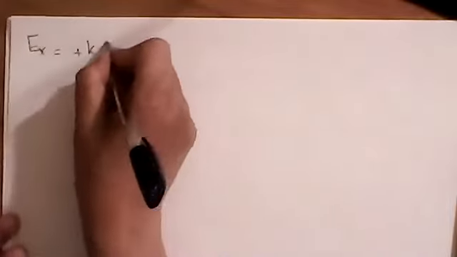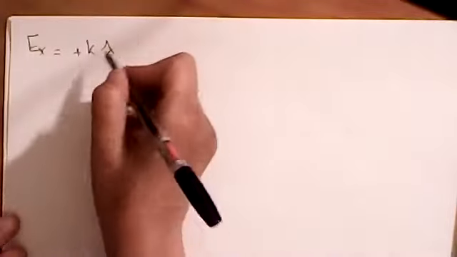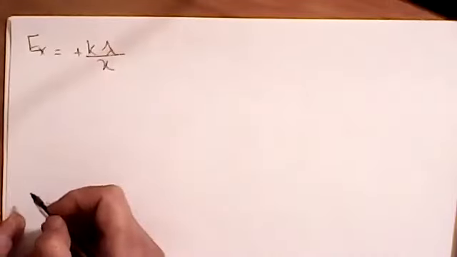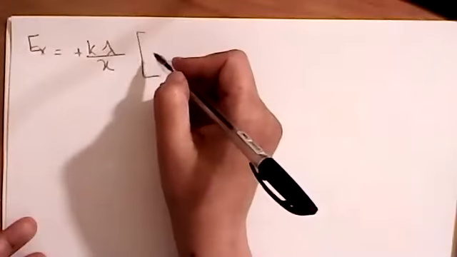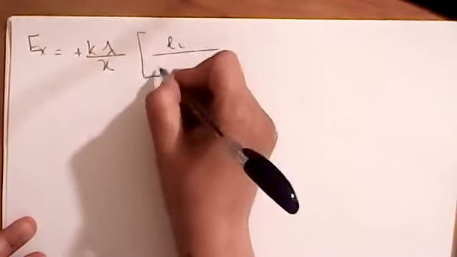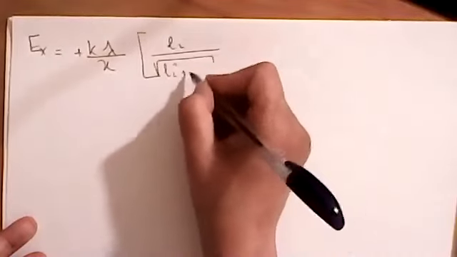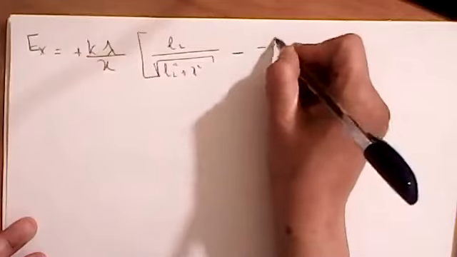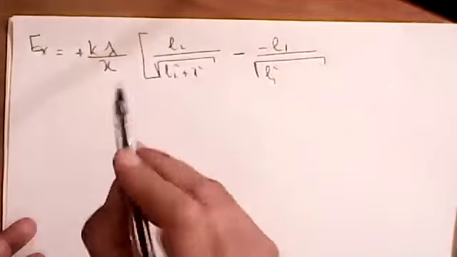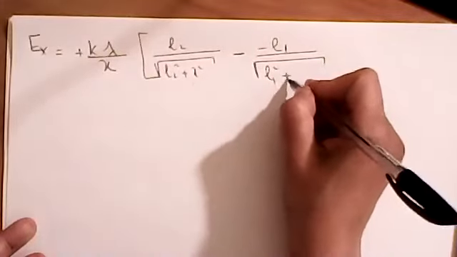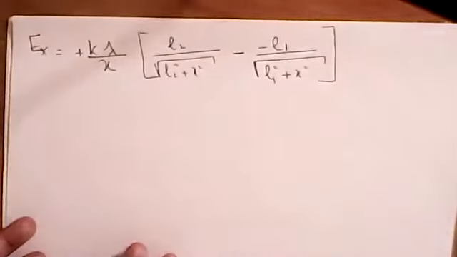So here we have E_x equal to plus k lambda over x, into: at the upper limit, L2 over radical L2 square plus x square, minus, at the lower limit, L1 over radical (minus L1) square plus x square, and close the brackets.